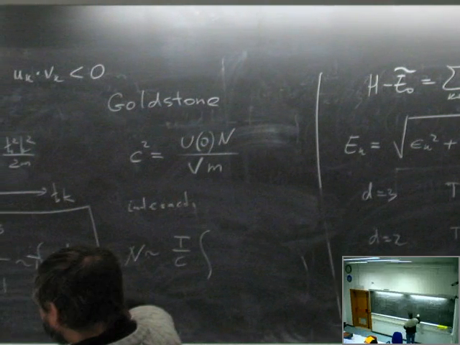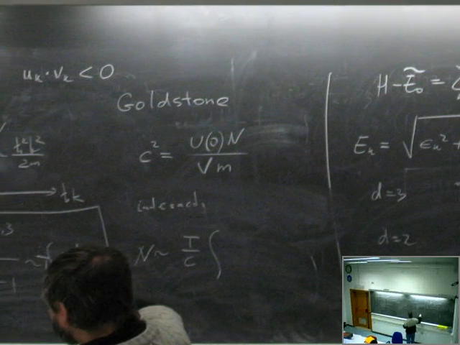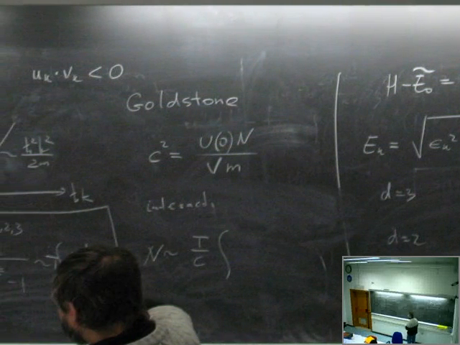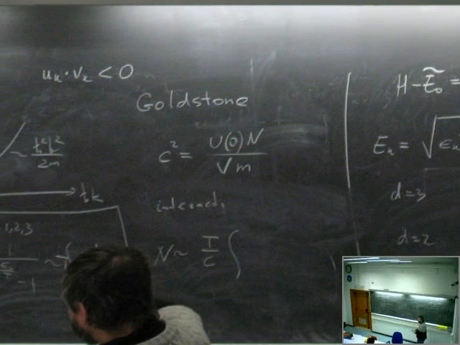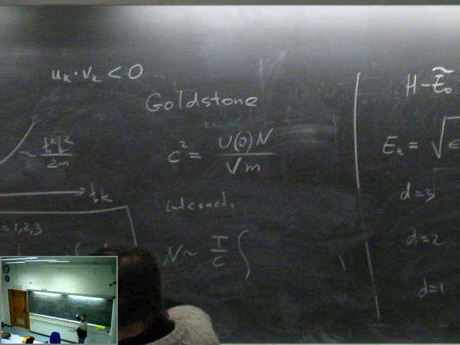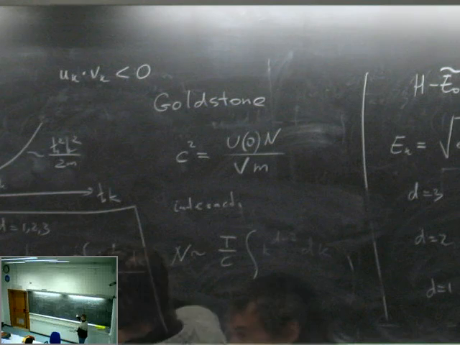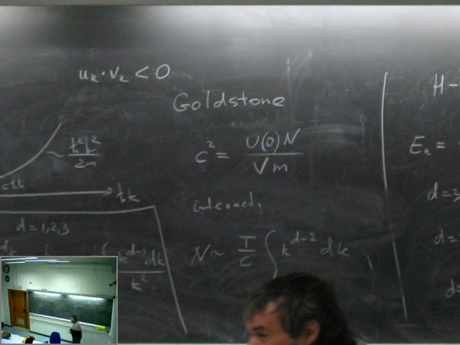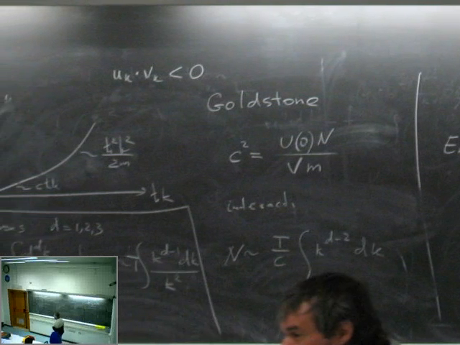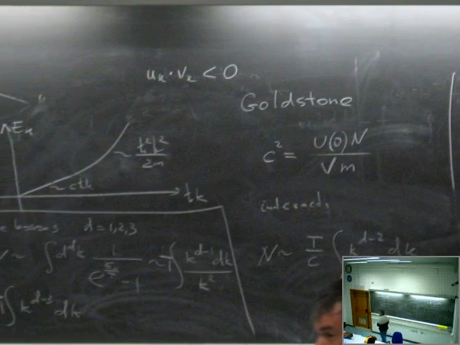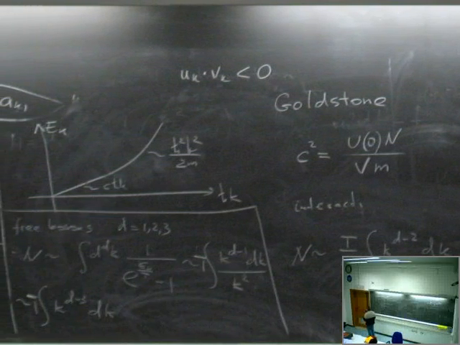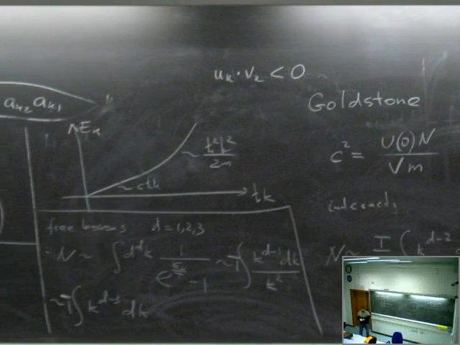It's k to the power d minus 2 dk. And it looks like this integral is perfectly convergent in 2 dimensions. So it looks like superfluidity is not suffering from the fact that we have a low-dimensional system.